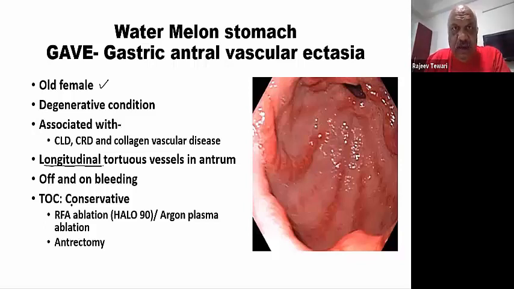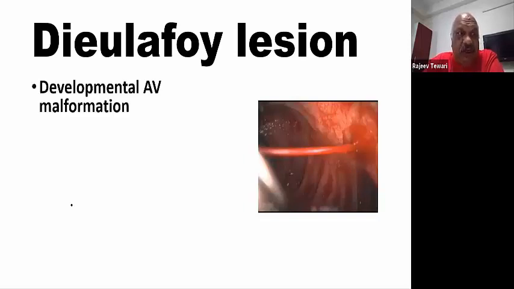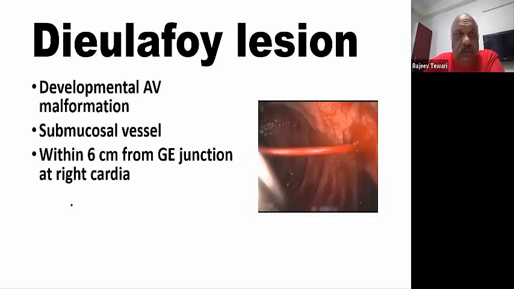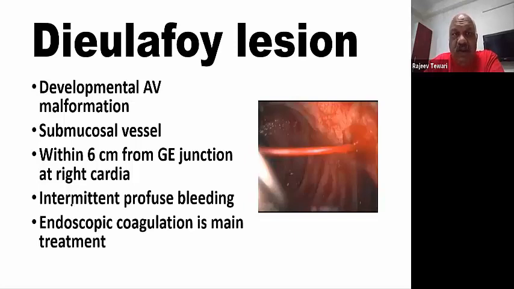Okay, fine. Next slide. Dieulafoy lesion is submucosal. Rest are mucosal. This is a submucosal artery, and this is an AV malformation, not degenerative, a developmental malformation. So, developmental malformation, submucosal vessel. Normally there's no ulcer, only vessel.